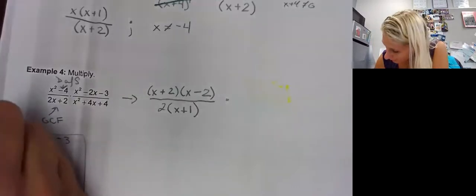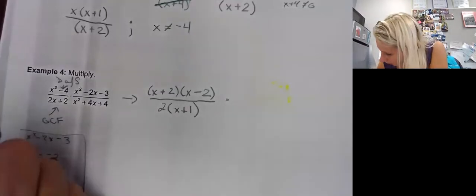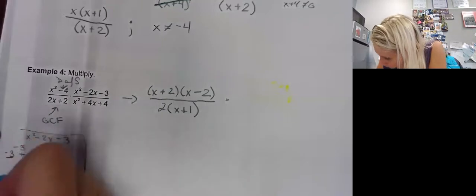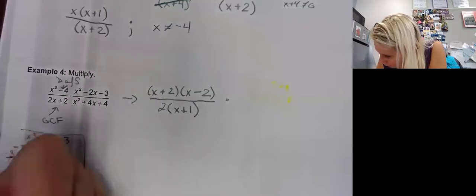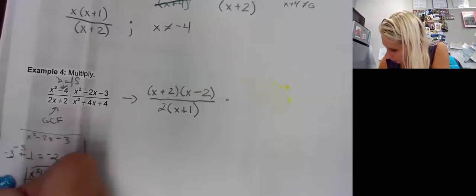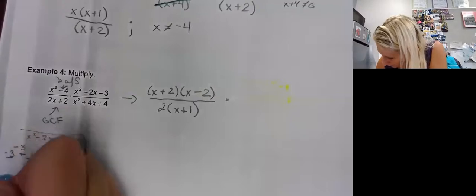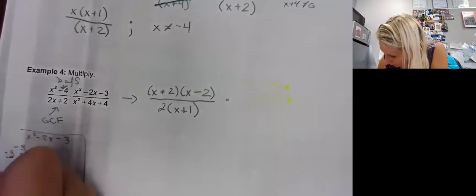That would be negative 3 and 1. Make your box. A term goes here, C term goes there, your other two numbers, and attach that x onto it.